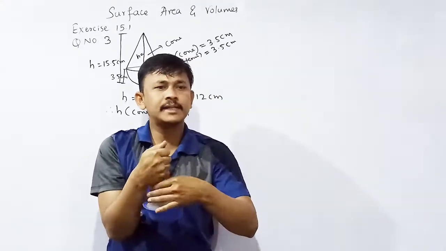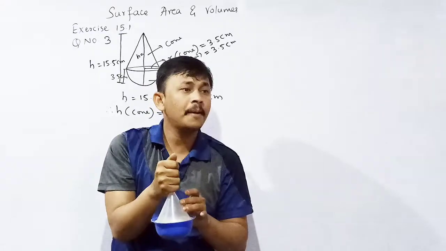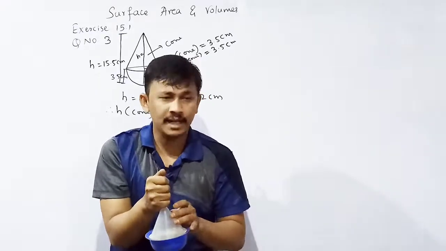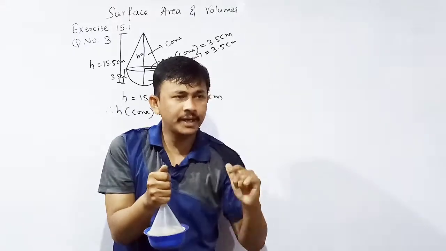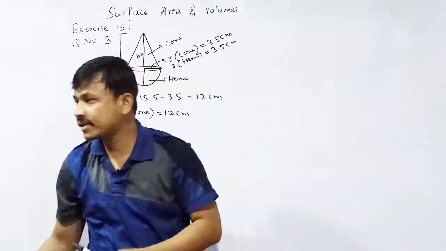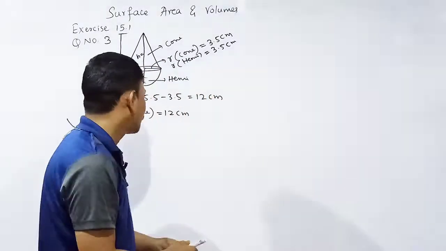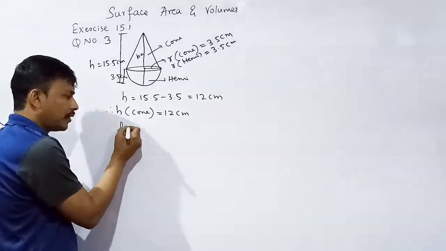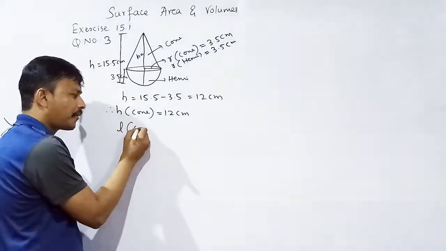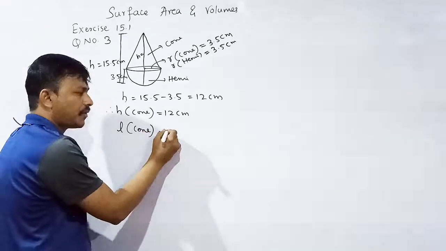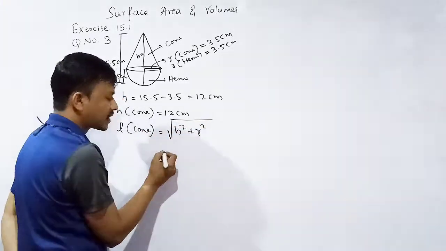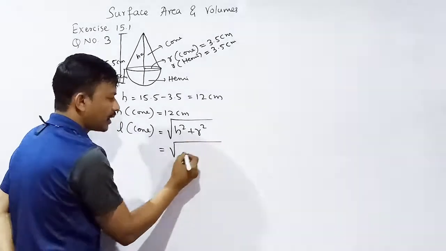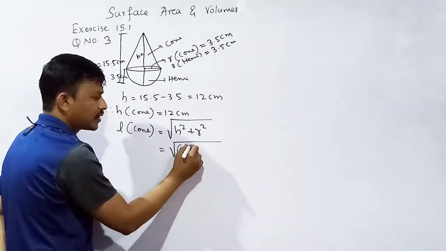Okay, to find the CSA of cone, what is the formula? πrL. But we don't know the value of L. First of all, we need to find the L value. That means slant height, L of cone. L is equal to, what is the formula? Under root of h square plus r square. This is equal to under root of, what is the height? 12 square.